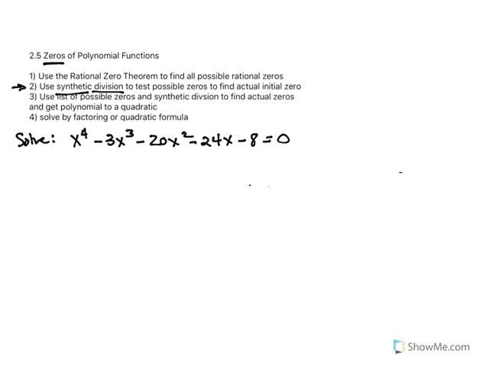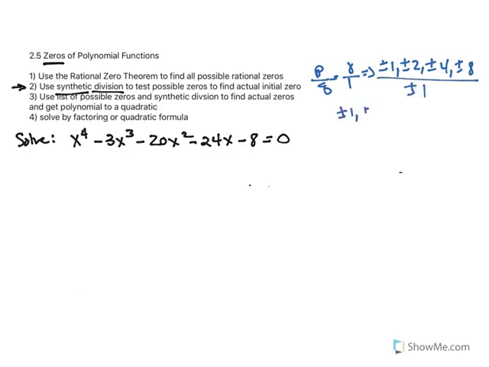First we have to identify all the possible rational zeros for this particular function. What does that mean? That means we're looking for P over Q. P over Q would be 8 over 1. So plus or minus 1, plus or minus 2, plus or minus 4, plus or minus 8, all over plus or minus 1.